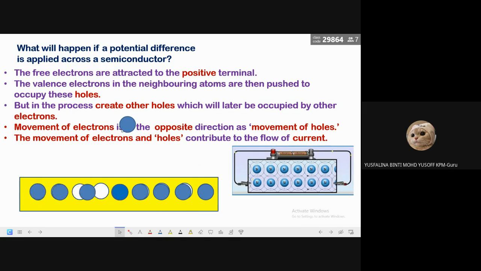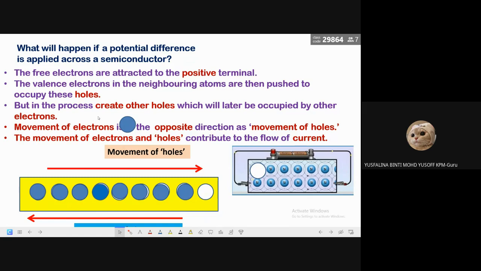You see the neighbor atom is pushed to occupy those holes. But the process creates other holes, which will later be occupied by other electrons. So they will keep occupying the holes.